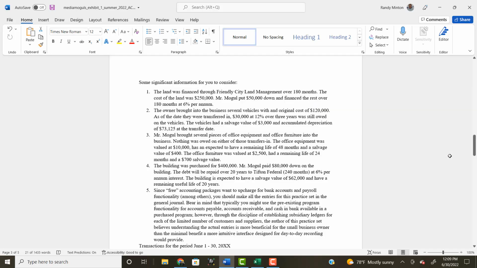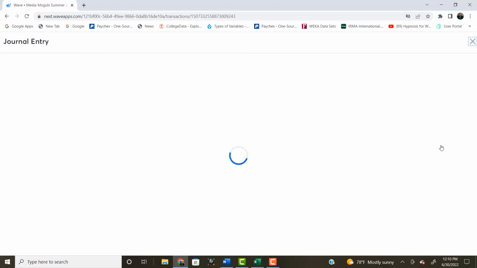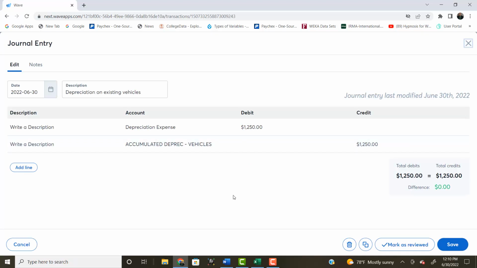So that's 1,250. If I go back over to my Wave, depreciation on existing vehicles, and again you'll do it from this memo and then drop down and do the transaction. This will look like this, and they'll all look like this. The only difference is going to be the accumulated depreciation.